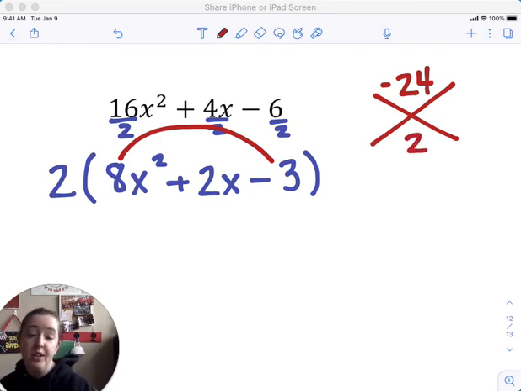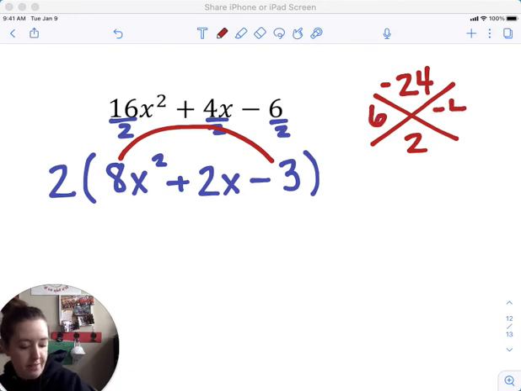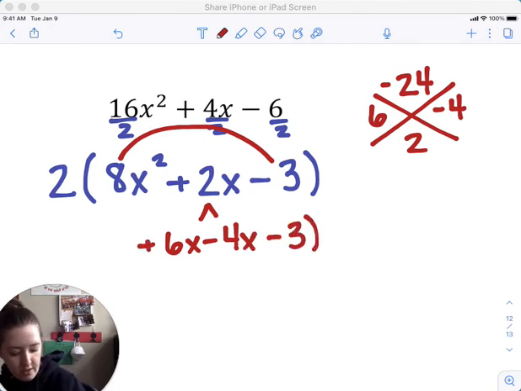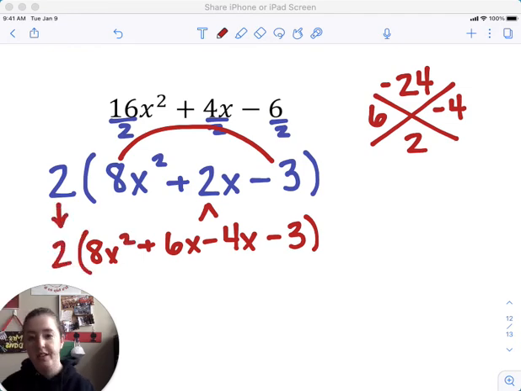So we want to find 2 numbers that are going to multiply to negative 24 and add to 2. So that will be 6 and negative 4. So I'm going to split my 2x into 6x minus 4x. We still have that minus 3 in the back and 8x squared in the front. And we will not forget about our greatest common factor.